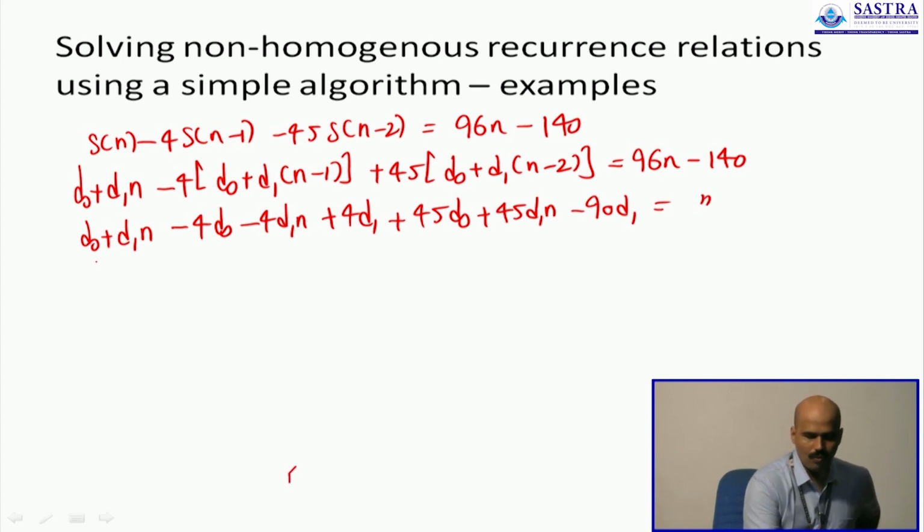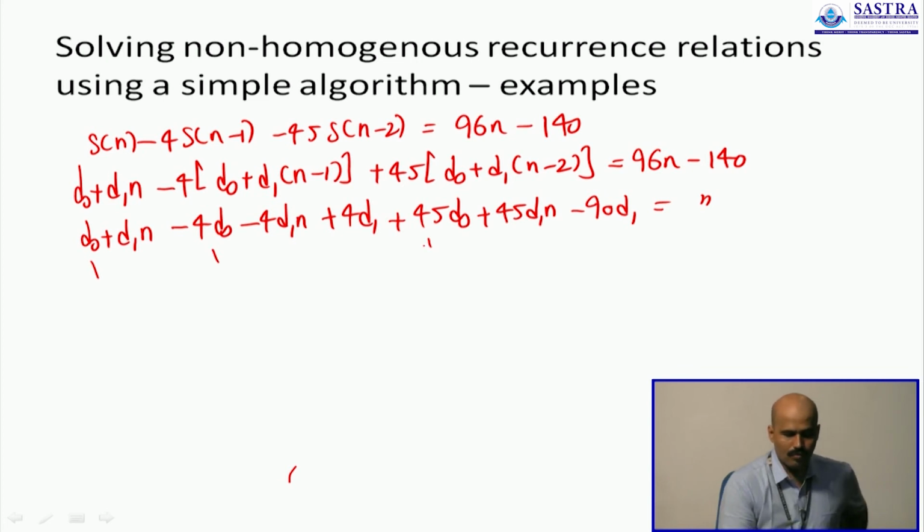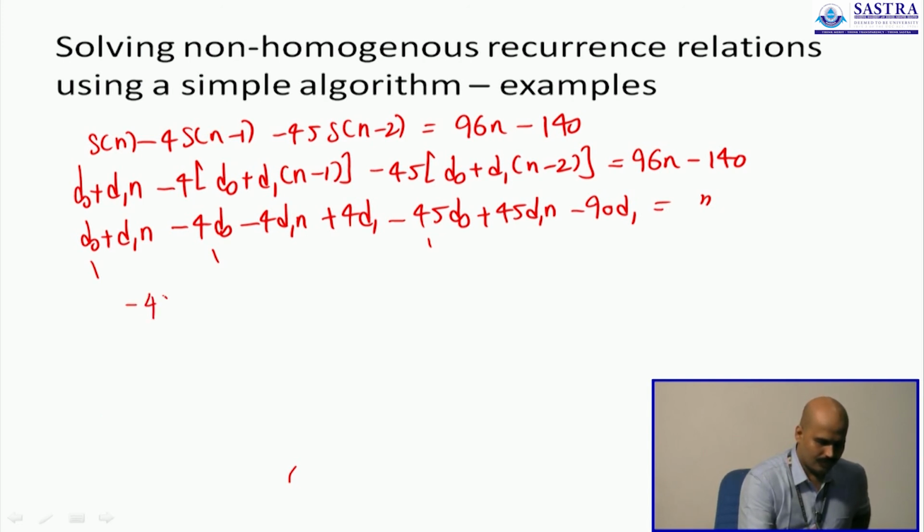Let's group them now. d0, 4d0, 45d0: that's 45 plus 1, and there's a minus sign here. 45 and 1 is 46, minus 4 is 42... that gives us minus 48 d0. Plus d1n minus 4d1n plus 45d1n gives minus 48 d1n.